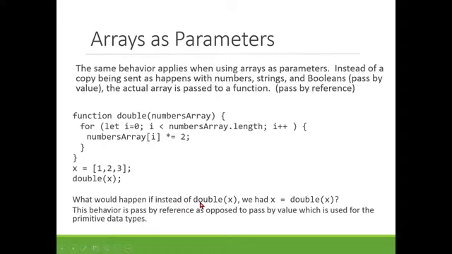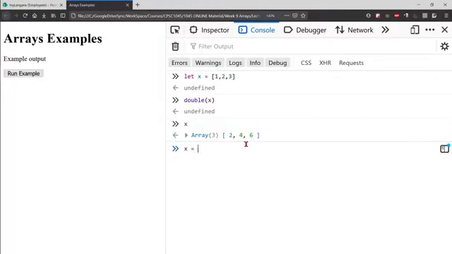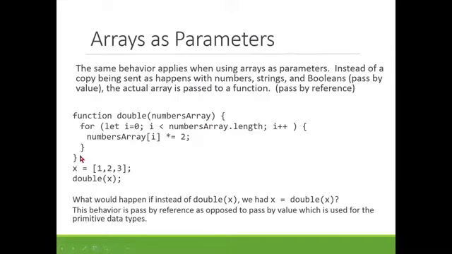What would happen if instead of double(x), I said x equals double(x)? Let's try it. X equals double(x). Undefined. Why is x now undefined? This function doesn't return anything.